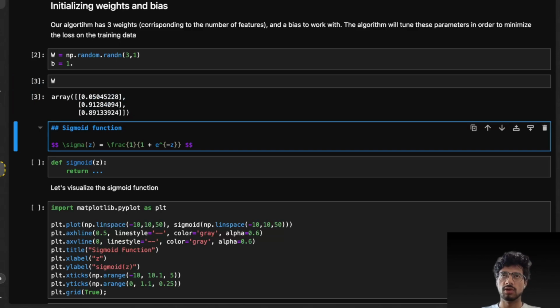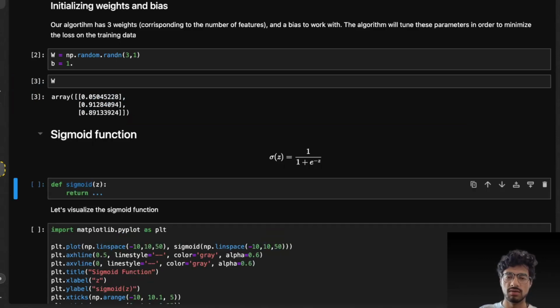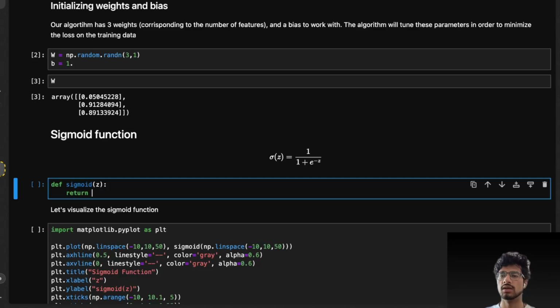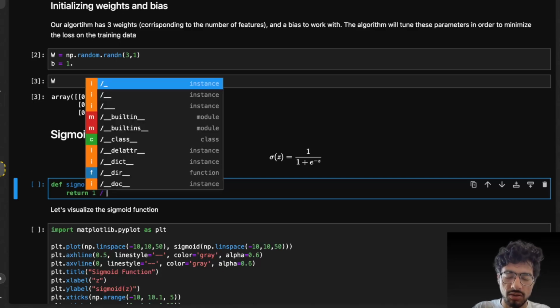Now the core of the logistic regression algorithm is the sigmoid function, which is as such. What the sigmoid function basically does is, given any input, it squashes it down between 0 and 1. And that can be used for making predictions or probabilities.